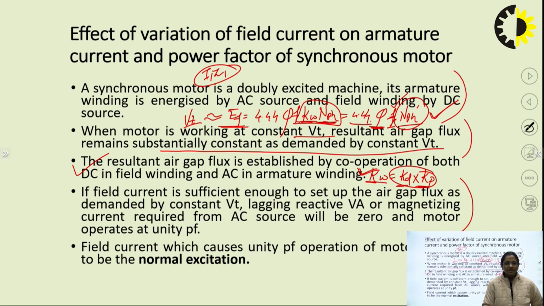When the motor is operating under normal excitation, there is no requirement of magnetization or of lagging reactive volt ampere from the armature circuit, and hence the armature operates at unity power factor. Later on you will find that under these conditions the magnitude of armature current is minimum.